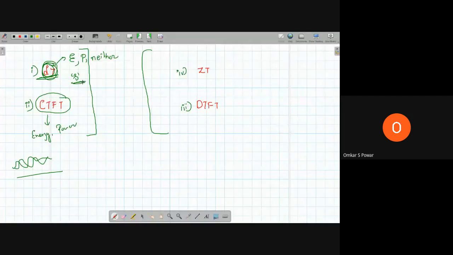For example, consider a pendulum system. You are applying some force to it. If it stays well within its boundary, then it is stable. If it goes out of the boundary with the force you apply, then it is an unstable system. So to analyze whether the system is stable or unstable, we use the Laplace transform or Z transform. For continuous time signals, we use CTFT and Laplace transform.